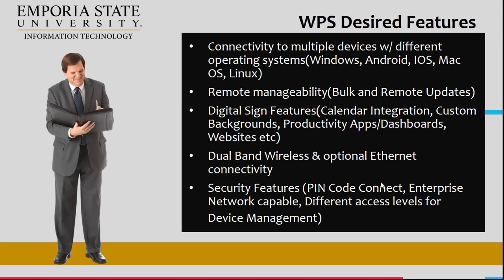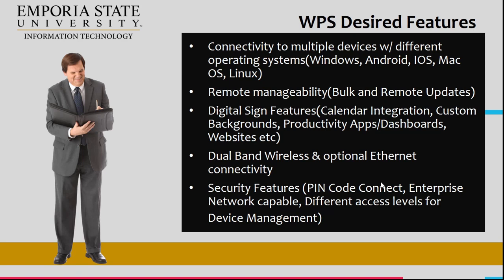Others you can remotely manage through the same network that the wireless presentation system is connected to, and even others allow you to remotely manage them even when you're not on the same network and you might be at a remote location such as your home or another location for your institution. So that's the differences in the different types of remote manageability that wireless presentation systems are currently using.